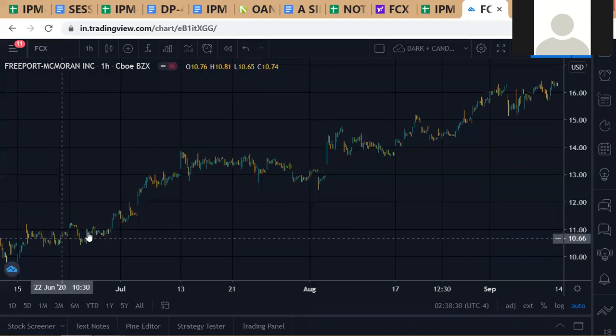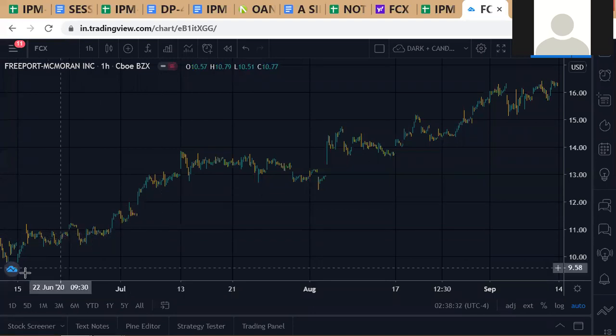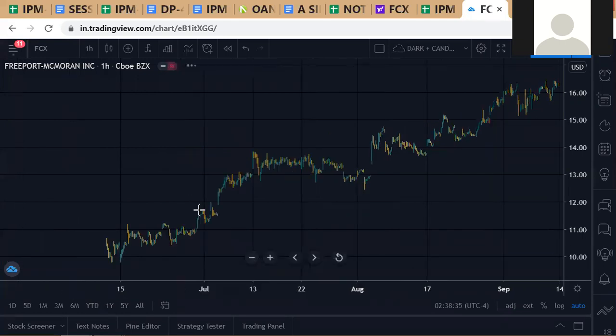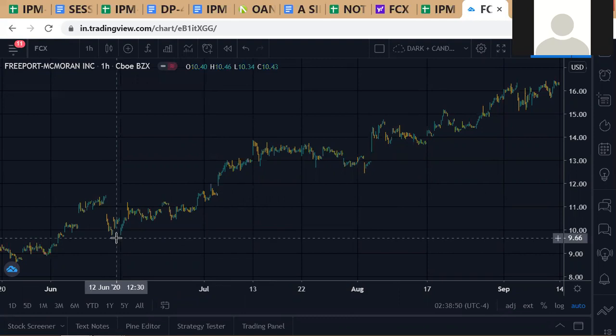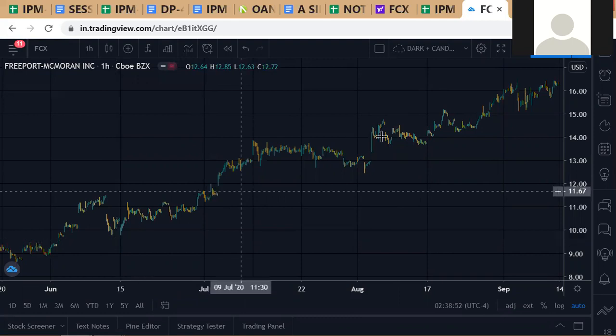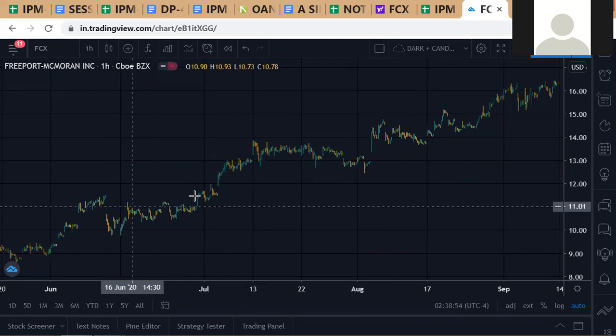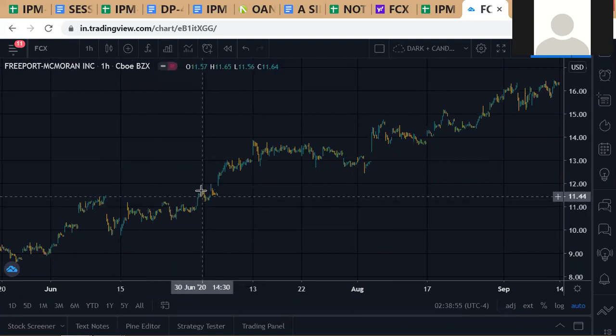As the market keeps rising, he puts the stop logically here, because at this point all this has not happened. We don't know all this stuff. He just goes long at this point as soon as a new high is made. This high is crossed, new high is made, he goes long.